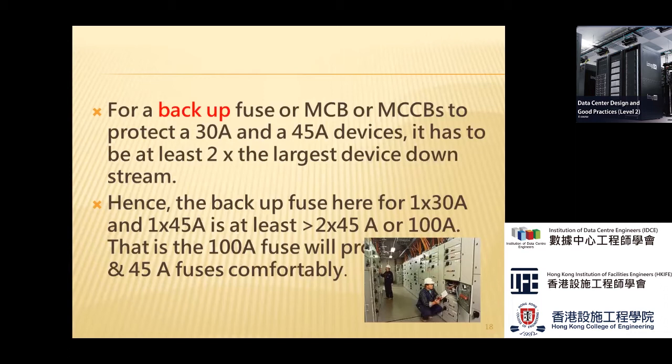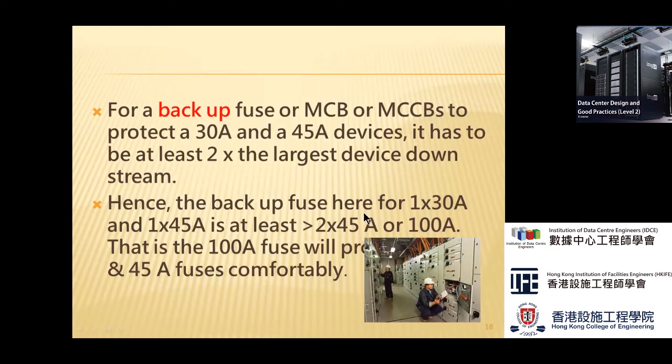For example, how do we back up the fuse here for one 30 amp circuitry and one 45 amp circuitry? So in this case, we pick the largest one instead of the lowest one, or add them up together. First, we take the largest one and multiply by 2, which is 90 amps or 100 amps, right? I'm not sure there's a 90 amp, but 100 amp. So this 100 amp will be providing the backup for the 45 amp fuse comfortably, because you've got 30 and 45 amps, but of course you don't add them up together.